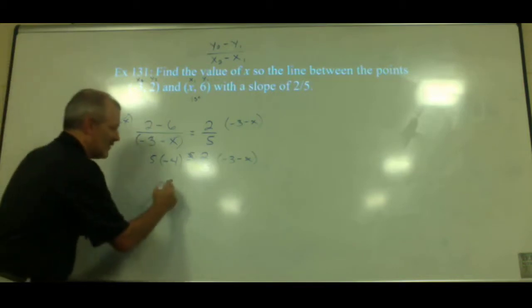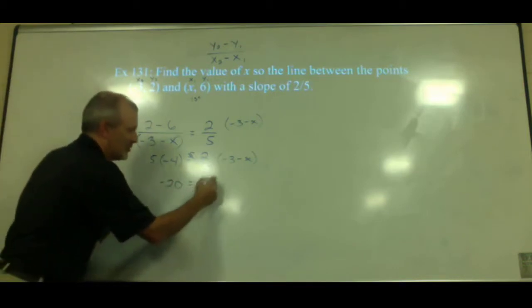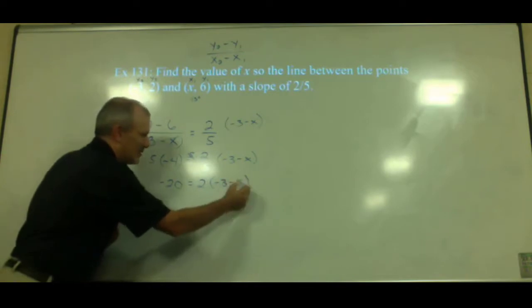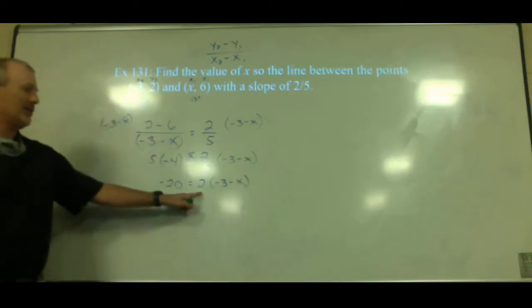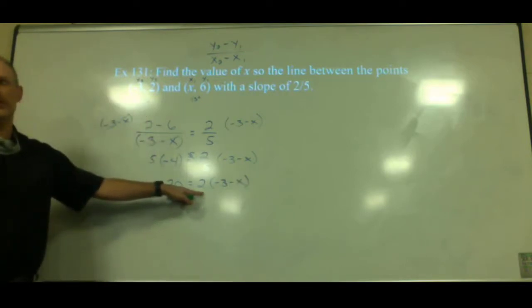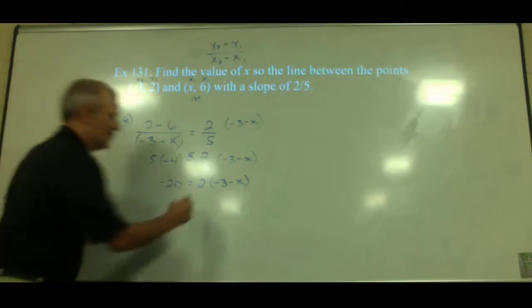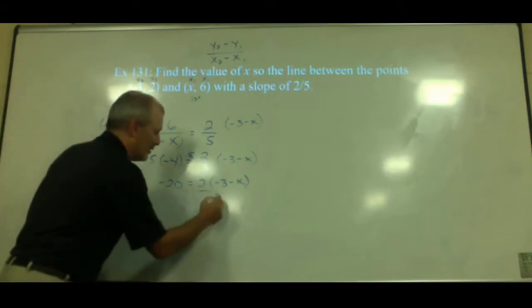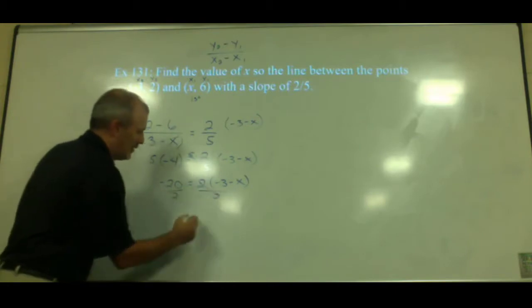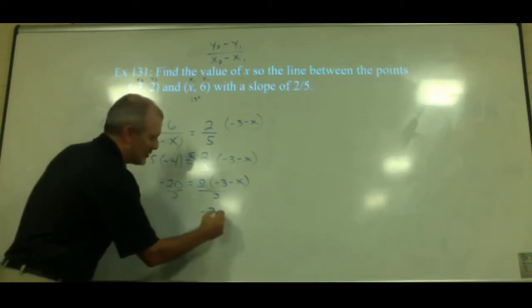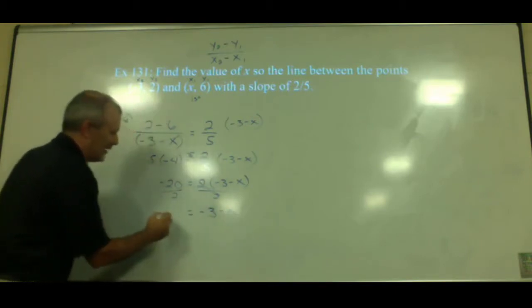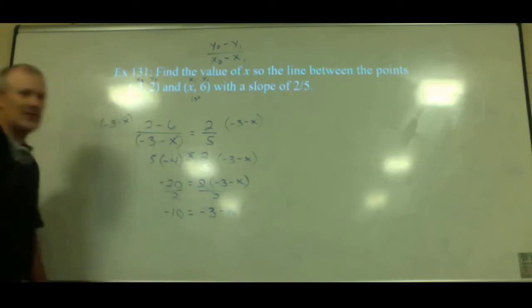So this gives us negative 20 equals 2 times negative 3 minus x. Now, if we want to get rid of the 2, what do we do? Divide by the 2, because they're multiplying. So now we don't need the parentheses anymore. We just have negative 3 minus x and negative 10. We actually do the division.